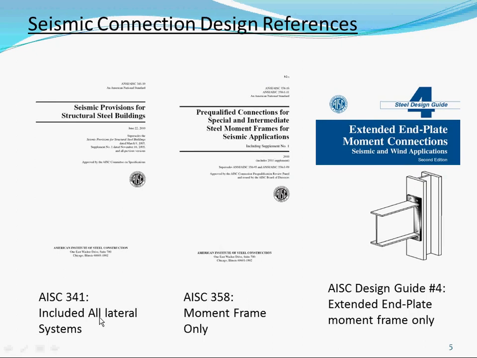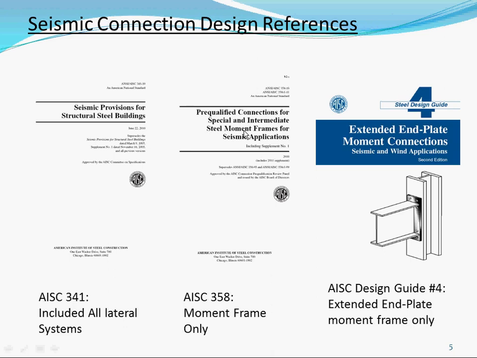However, 341 also covers other systems, not just the moment frame, but also the brace frame, eccentric brace frame, buckling restrained brace frame. So all the steel lateral systems and steel shear walls are covered in 341.